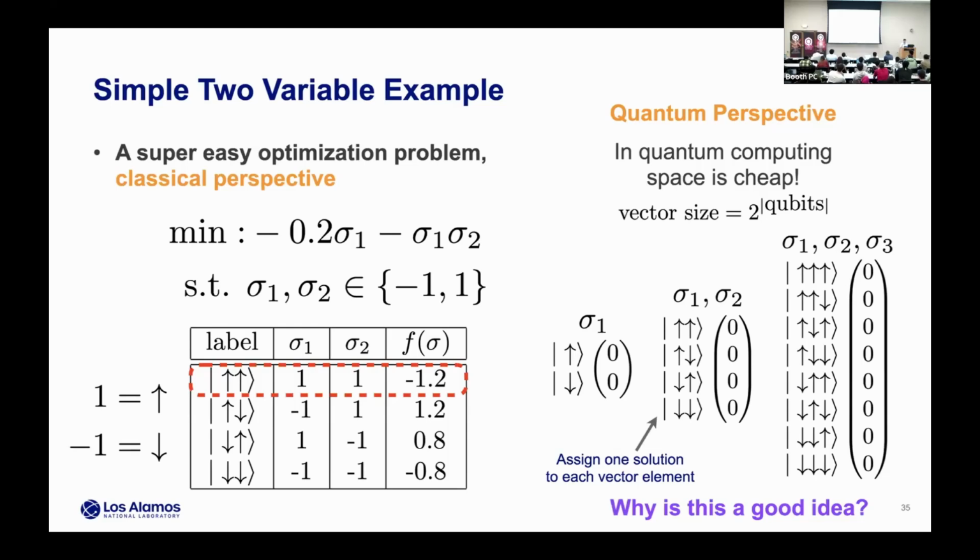Let me repeat my question. Why is it a good idea to make one entry in your quantum state vector equal to one of the configurations of this optimization problem? He said you can measure it. So this is a very important point.